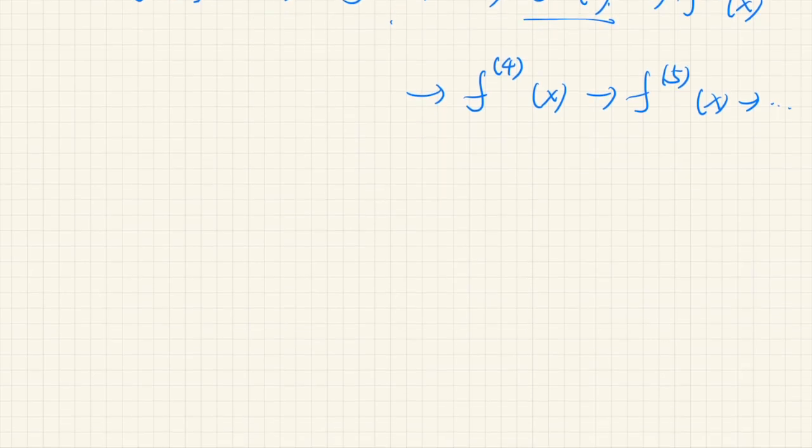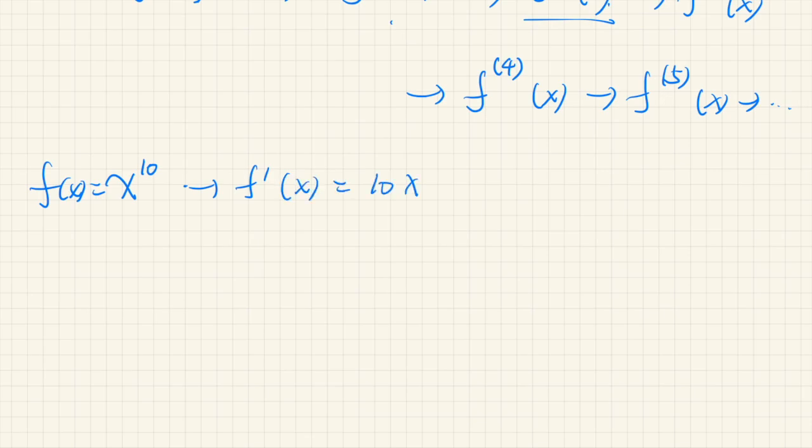A simple example is, let's say, x to the power of 10. If we differentiate this, we get f prime of x, that is 10 times x to the power of 9. And this is, again, a differentiable function.